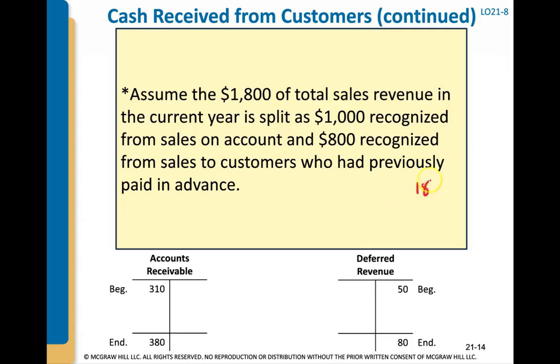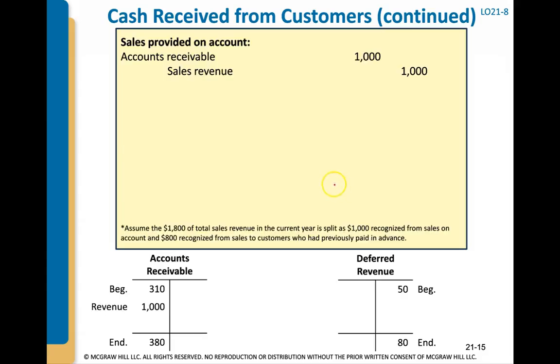Now, we had $1,800 of revenue on our income statement, and we're going to assume that this $1,800 is split between $1,000 recognized from sales on account, so for the accounts receivable, and $800 recognized from sales to customers who had previously paid in advance. So first, let's do the $1,000 from the accounts receivable.